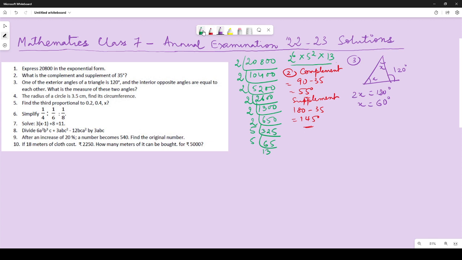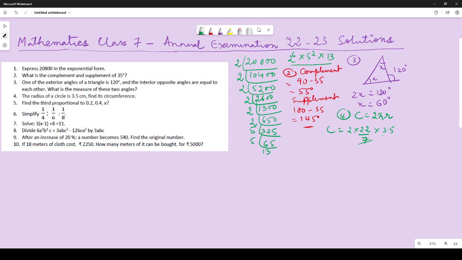Now let us take up the next question, which is question number 4. The radius of a circle is 3.5 centimeters. Find its circumference. Very basic questions. So this means circumference is equal to 2 pi r. So over here, you know, radius is given: 2 into 22 by 7 into 3.5.